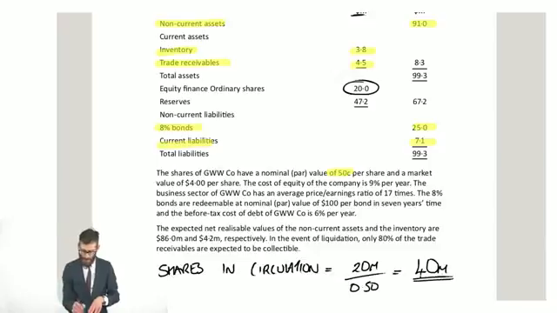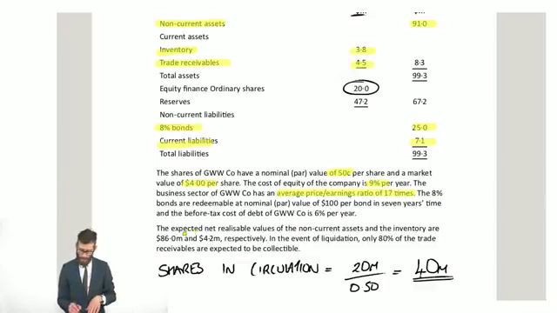And they currently have a market value of $4 per share. The cost of equity of the company is 9%. The business sector has an average price earnings ratio of 17. I shall ignore this information for the time being.